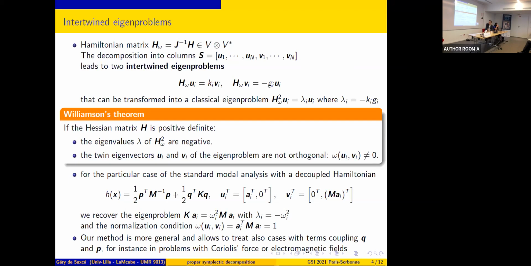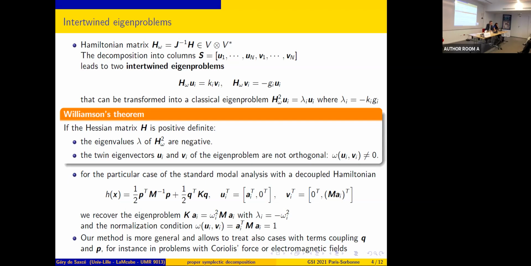And also the normalization condition, constructed with the scalar product built on the mass matrix M, can be recast as omega of the twin vectors equal to 1, a nice formula.